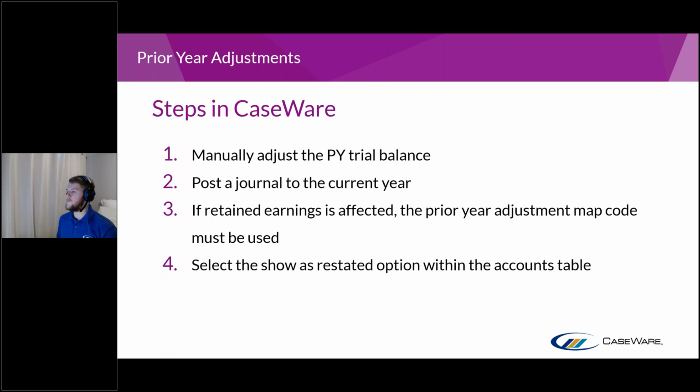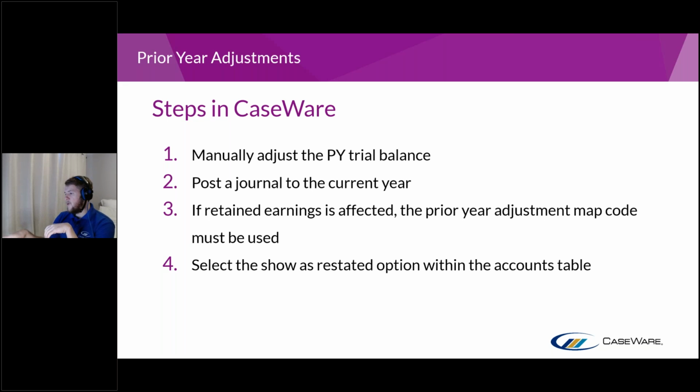Now, the reason for that is we suggest doing the prior year trial balance first so that it flows through into the current year numbers. Okay. Now, where you've got a situation with retained earnings changing, being in step 3, that's where we'll then use the prior year adjustment map code. Okay, as we'll show you in our example in a moment.